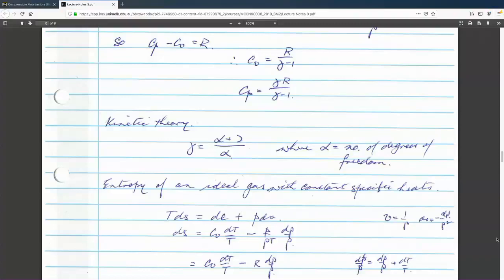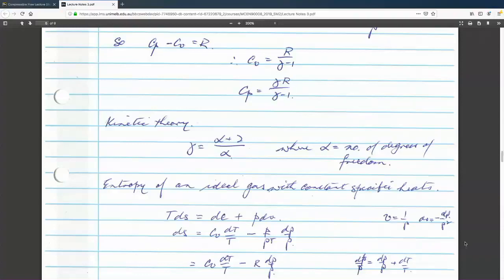Probably. All right, now I want to do something that we're going to use a lot. You already know the answer, but you don't know how to get there, probably. Or you have got there before, but you've forgotten how to get there. So supposing I wanted to know the entropy of this ideal gas with constant specific heats.